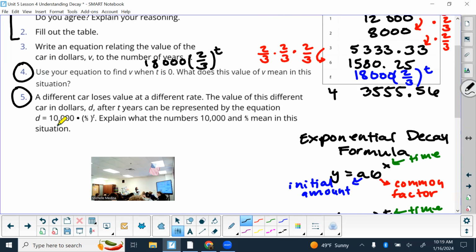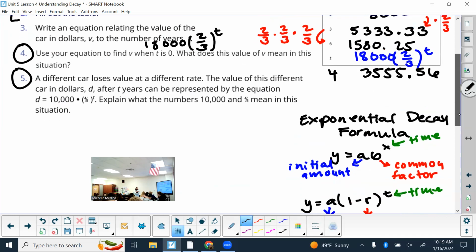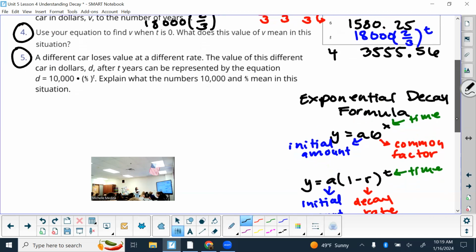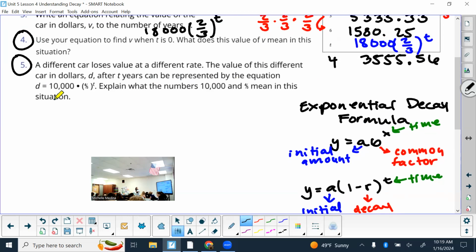But for 4 and 5, you're going to answer, what's the value of v when t is 0? And what does that mean? And then a different situation, here's the equation, also in this format. What does 10,000 and 4 fifths mean? We'll go over this in about 5 minutes. When and if you finish early, you can work on your practice, but you're definitely reviewing this in 5 minutes. Any questions? Ready?